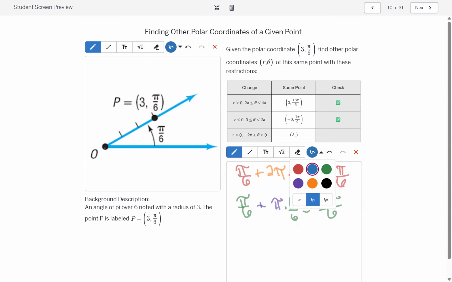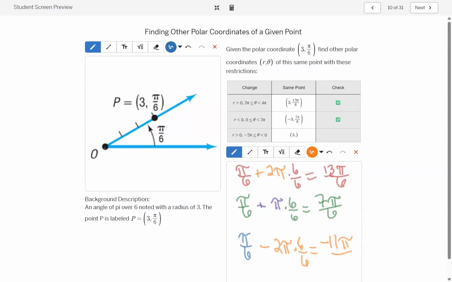But if I want something less than 0, instead of adding 2 pi, I'm going to subtract 2 pi. So pi over 6 minus 12 pi over 6 is negative 11 pi over 6.